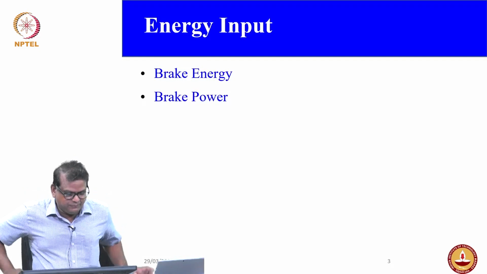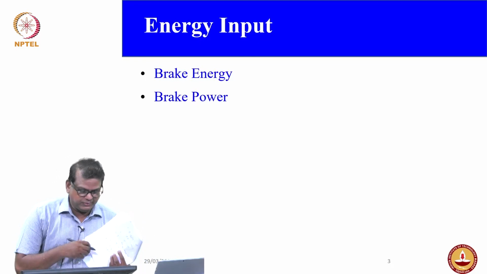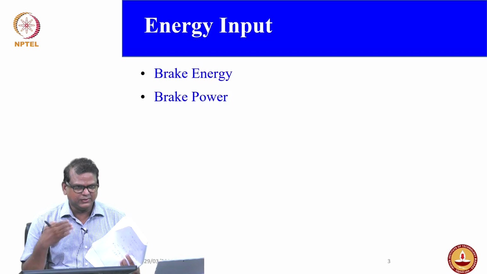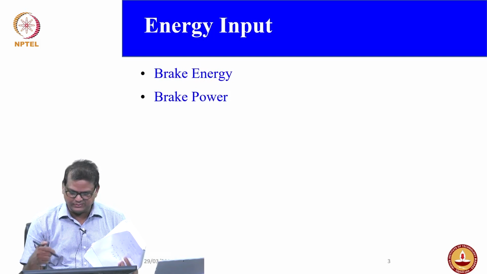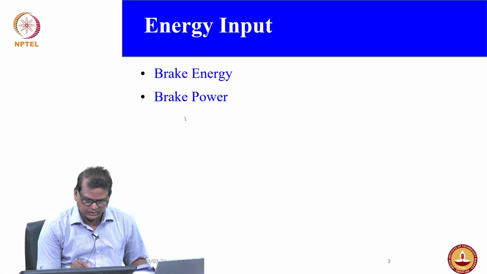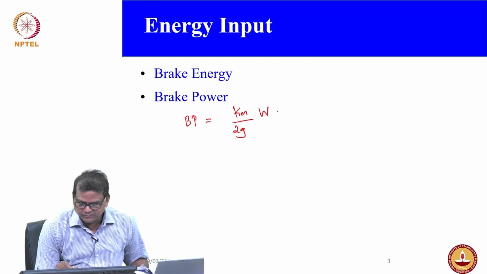We'll give a recap of what we discussed in the last lecture regarding the brake power. When a vehicle moves on a level road and you apply the brake, the vehicle decelerates. The brake energy we got, the average brake energy, is Km by 2g times W times V1 squared.